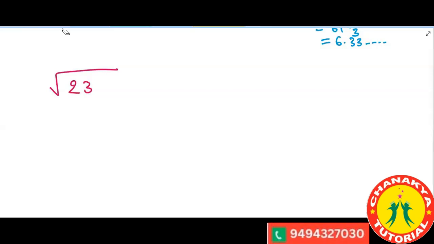Let me take under root 220. It is near to 225. Now represent this 220 in the form of capital N plus small n, means perfect square plus extra or less number. 225 minus 5. So apply our formula.